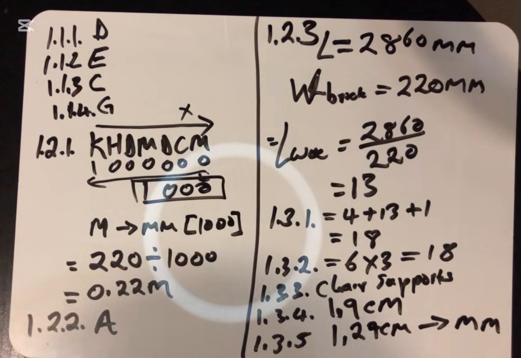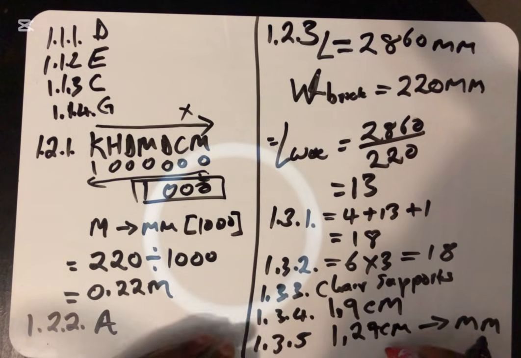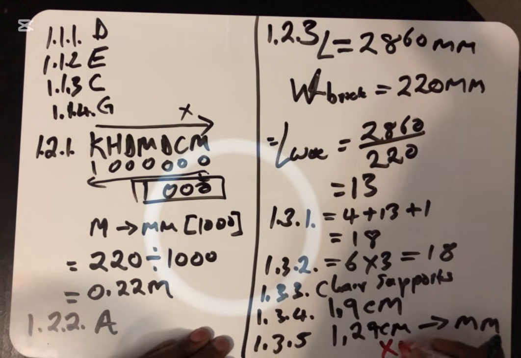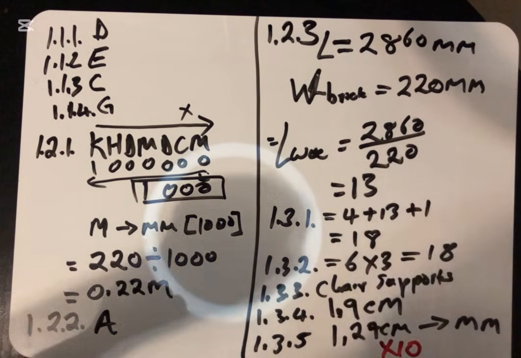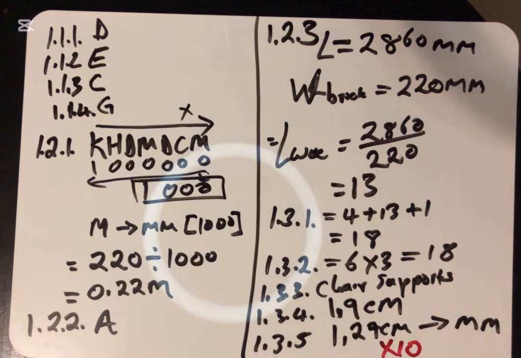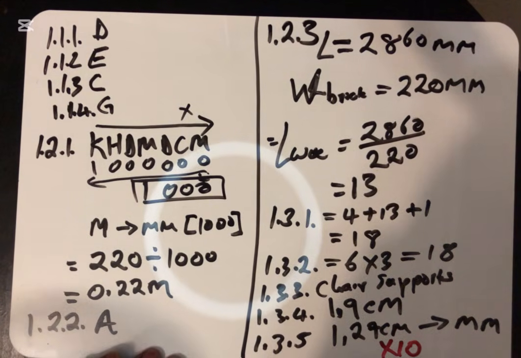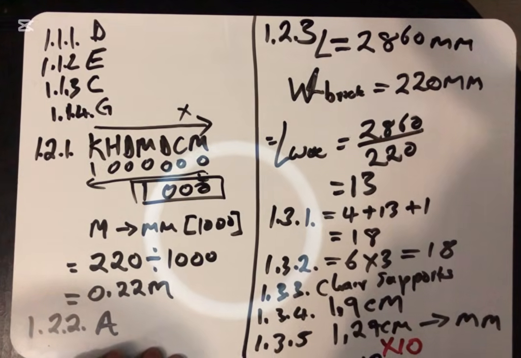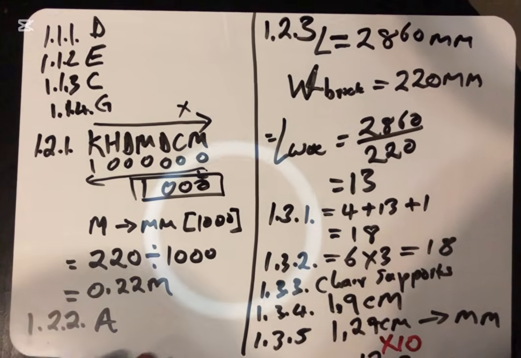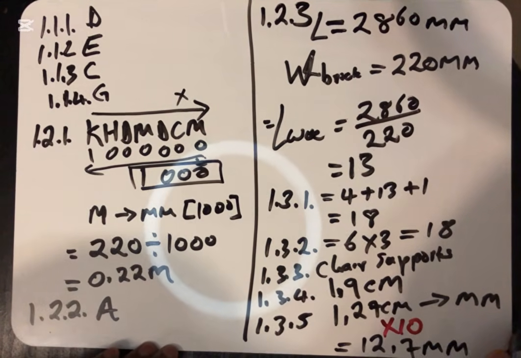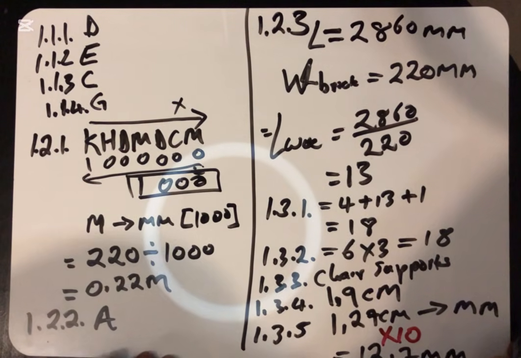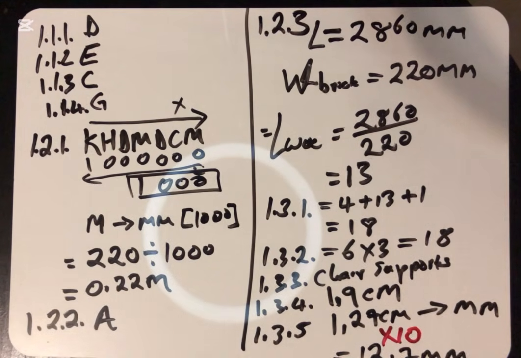We just multiply by 10, using the King Henry died miserably mnemonic. So 1.27 multiplied by 10 is going to be 12.7 millimeters. So that is our answer, 12.7 millimeters.